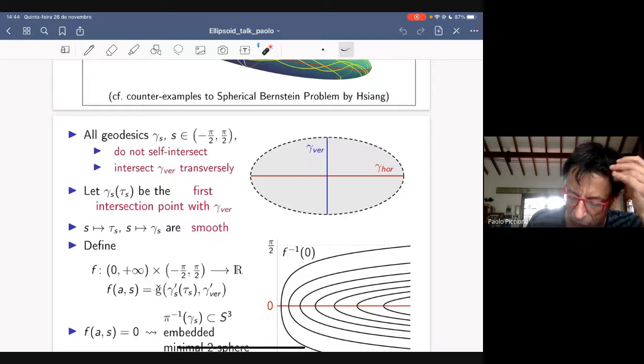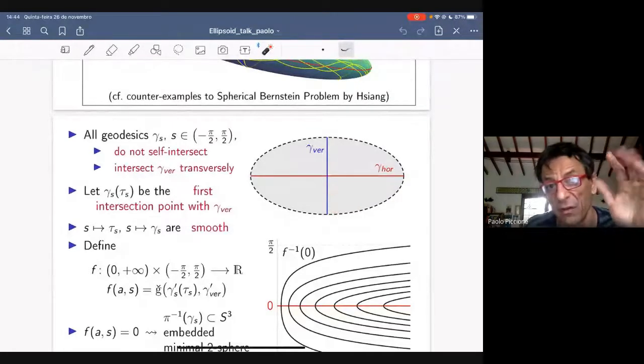We have an argument to show that these geodesics that start orthogonally from the boundary don't have self-intersections. And that is basically a continuity argument, considering the fact that this one doesn't have self-intersection and this one doesn't have self-intersection either. So it's like a continuity argument in this sense. And also, it's not hard to prove that any such geodesic must intersect this vertical one always transversally.